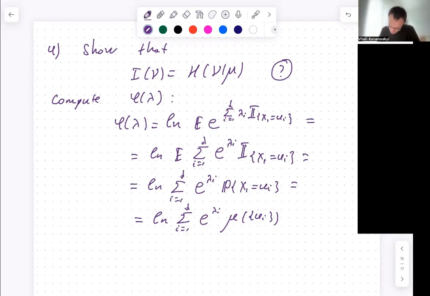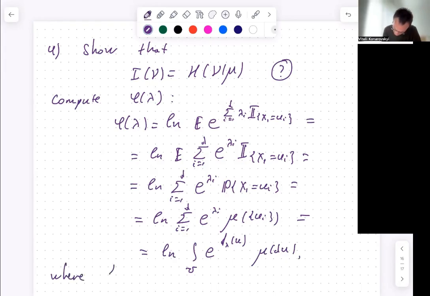Or maybe no, let's write this as an integral, because now you can define it as the logarithm of the integral over U of e to the power f_lambda(u) with respect to mu(du), where this function f_lambda of u is defined as follows. It is lambda_i for u equal to u_i.